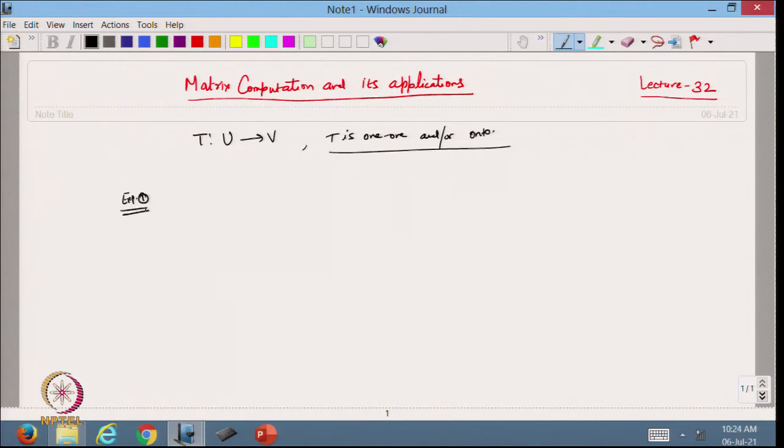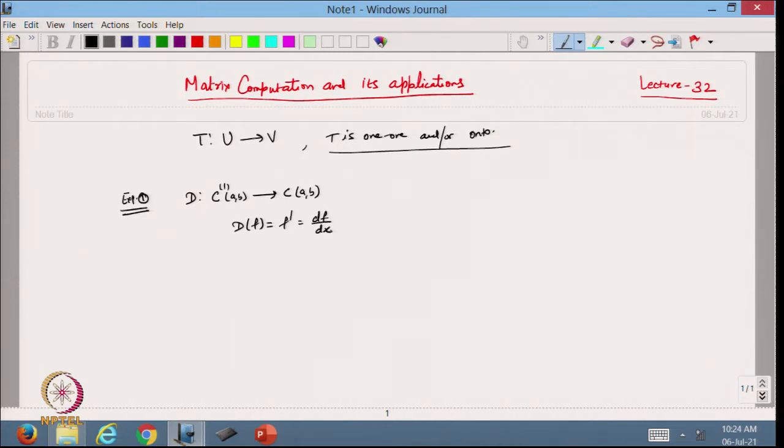Now I can discuss another very important example. Previously we discussed the linear operator D, a differential operator from C1, the set of all continuous functions with continuous first derivative, to the set of continuous functions on the interval from A to B. D of f is basically f dash, or I can define it as df by dx.